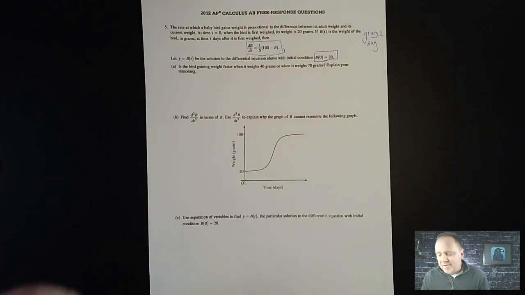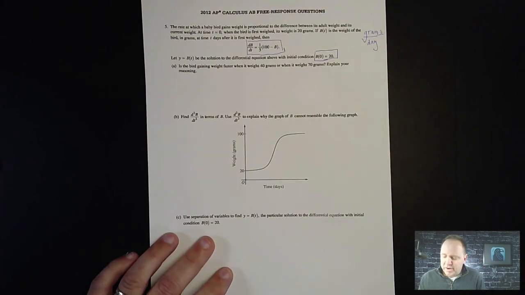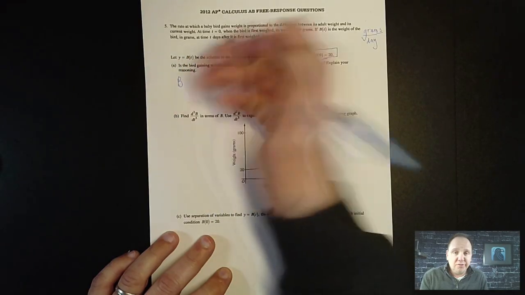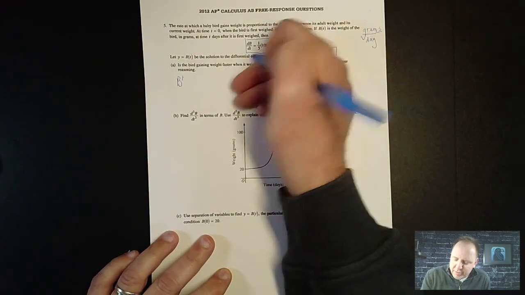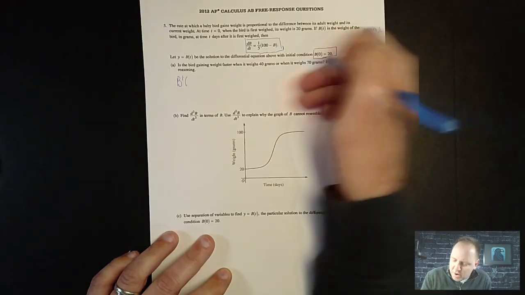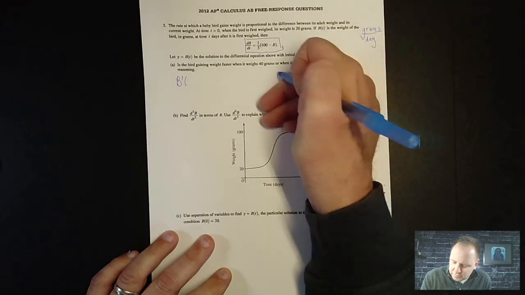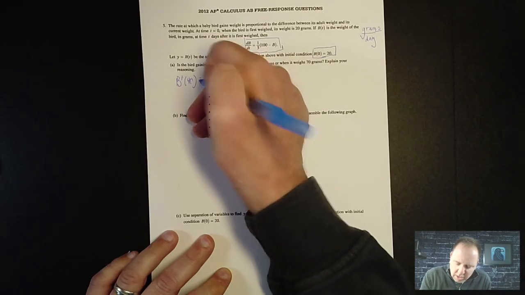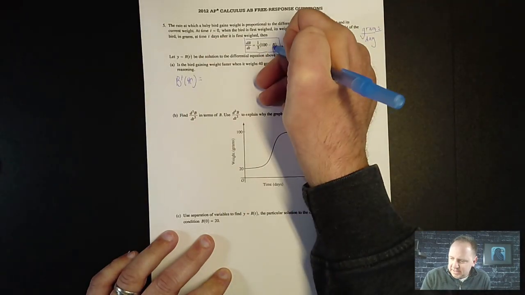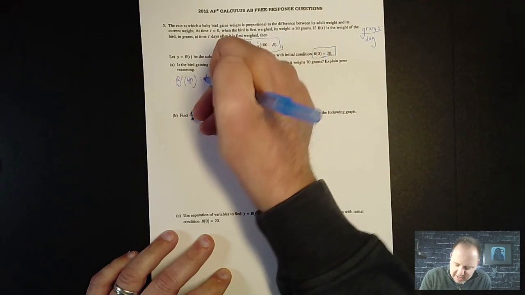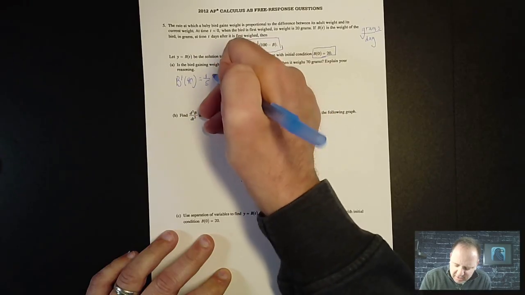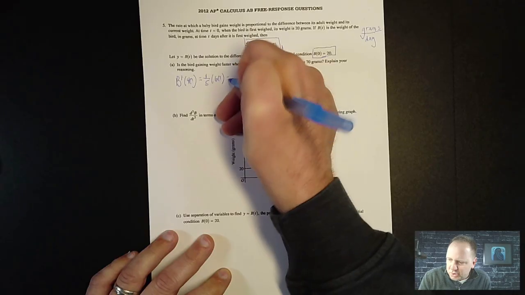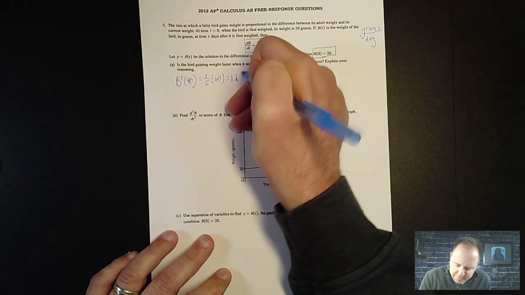All right, so let's go. Is the bird gaining weight faster when it weighs 40 grams or when it weighs 70 grams? So again, you don't get your calculator. Your first move would be, and I would notate it as B prime of 40, which would give me 1/5 of 60. I guess I can write that out. I don't have a calculator. 1/5 of 60, which would be 12 grams per day.